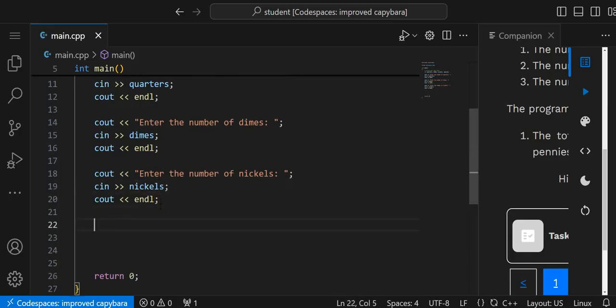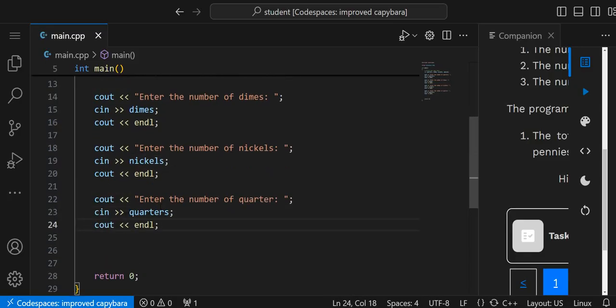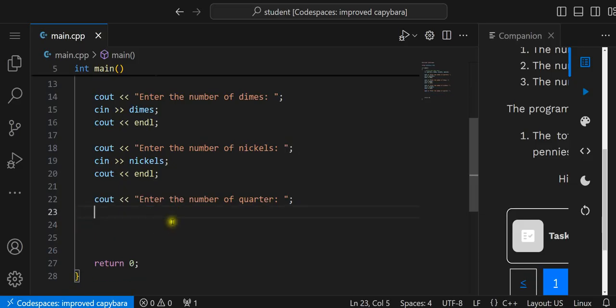Check your work. We'll do this differently. We'll do that for pennies because we're going to define pennies.